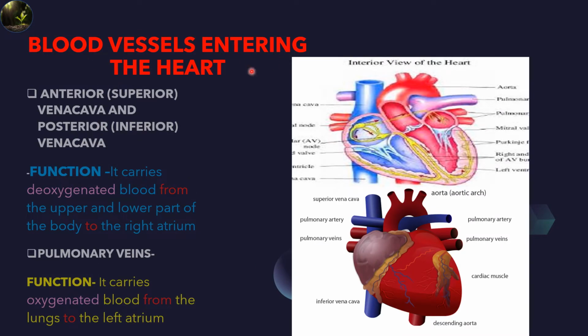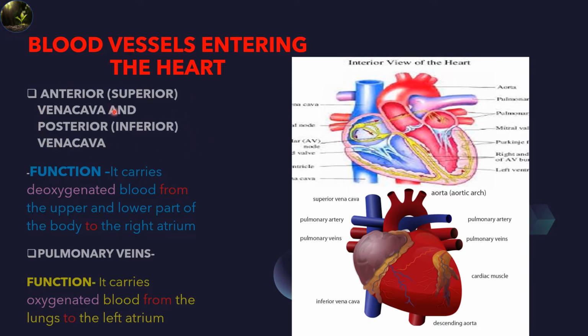Blood vessels entering the heart: anterior or superior vena cava, posterior or inferior vena cava, and pulmonary veins. These are the different types of blood vessels entering the heart. First we can discuss anterior or superior vena cava.